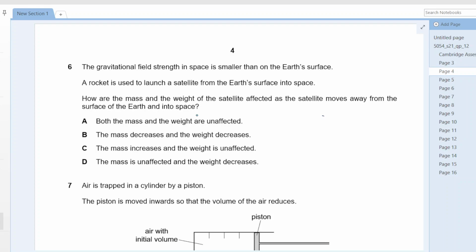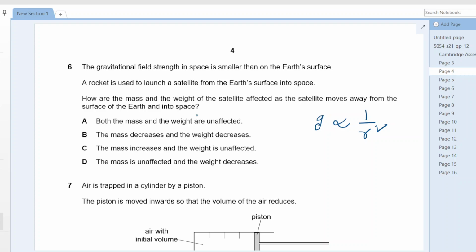And acceleration due to gravity is described by the equation g proportional to 1 by r square, where r is the distance from the center of the Earth onward.